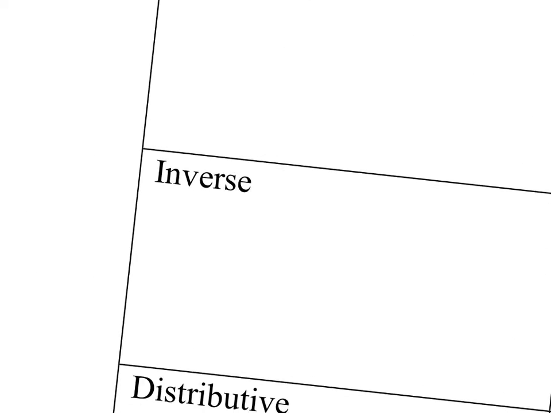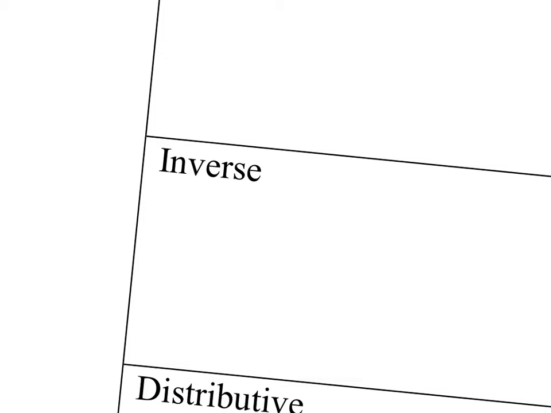Okay. Inverse. Inverse means it undoes something. If you turn on the light, I turn off the light. If you tie your shoe, I untie your shoe. The inverse undoes something. So how do you undo addition? Well, you subtract.